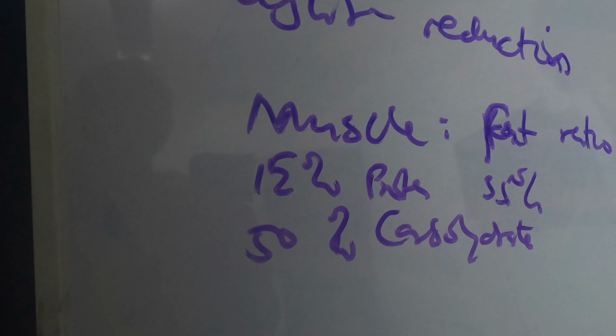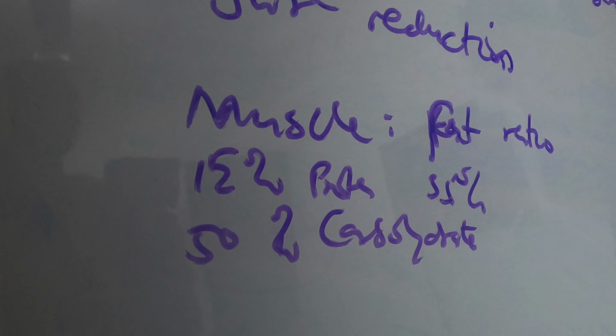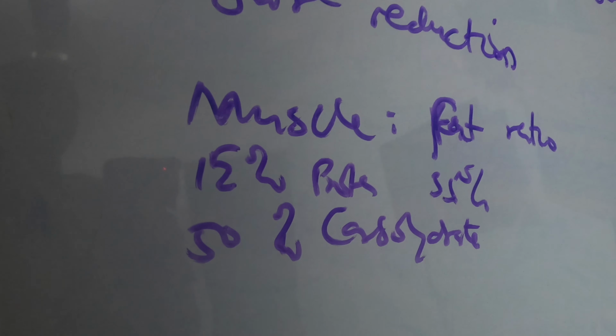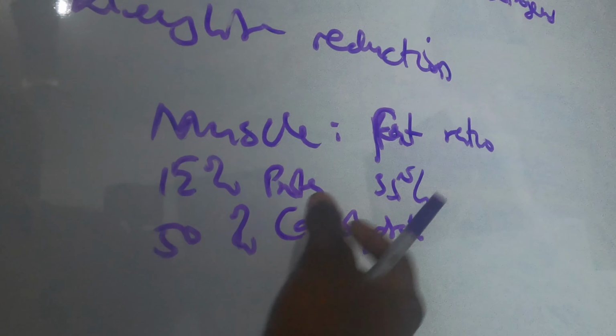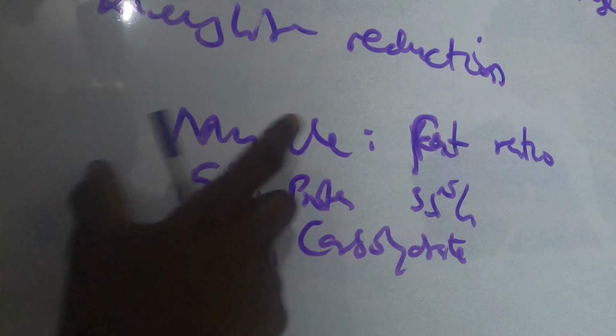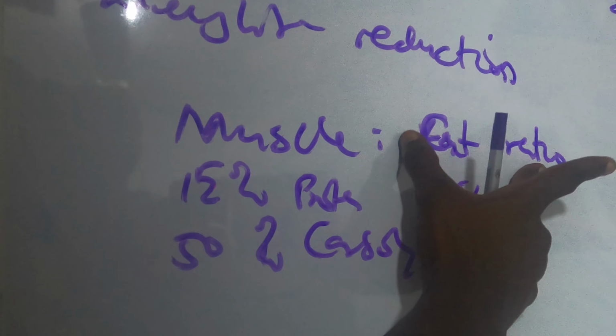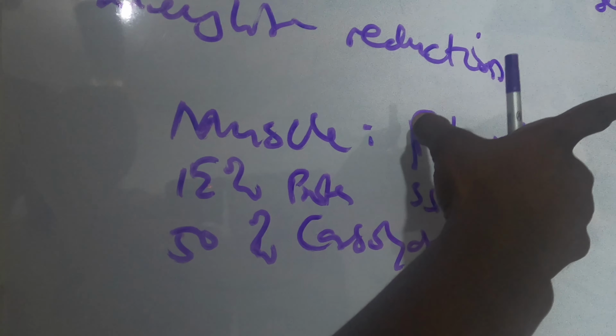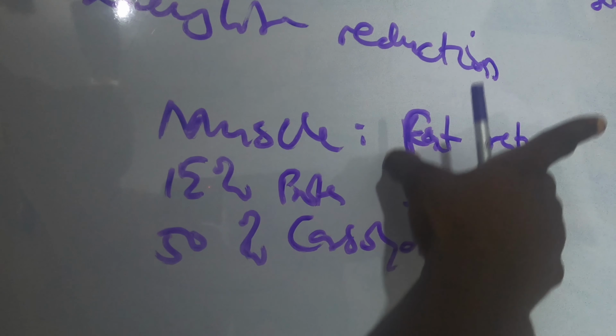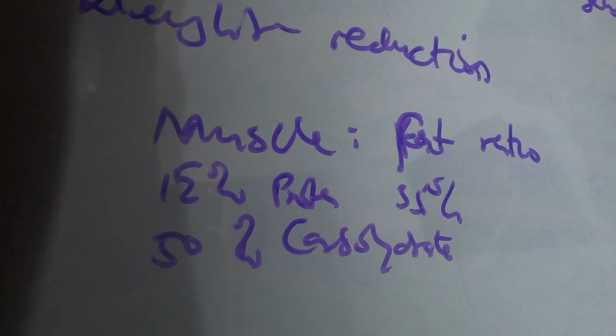Now, what happens if someone is obese? This percentage will change, because you have a lot of fat in someone who is obese, and so these fat cells change the muscle to fat ratio. Once the ratio is changed, it means that for a particular muscle you have a lot of fat other than the proteins and the carbohydrates.